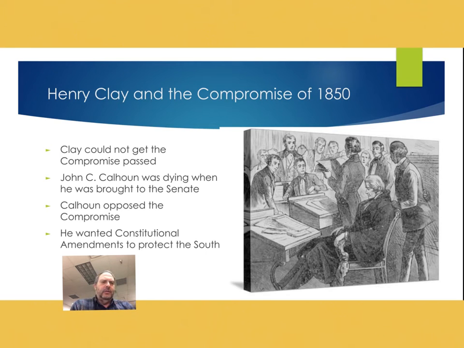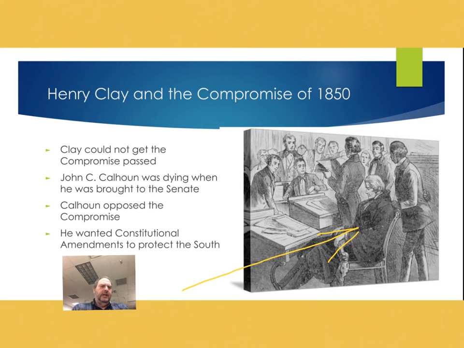The last thing that we'll take a look at is another senator, and he's had an important part in American history. He's been the chief defender of slavery ever since the late 1820s, and that's John C. Calhoun. And you see John C. Calhoun seated in a chair here. He was actually in even worse shape than Henry Clay.